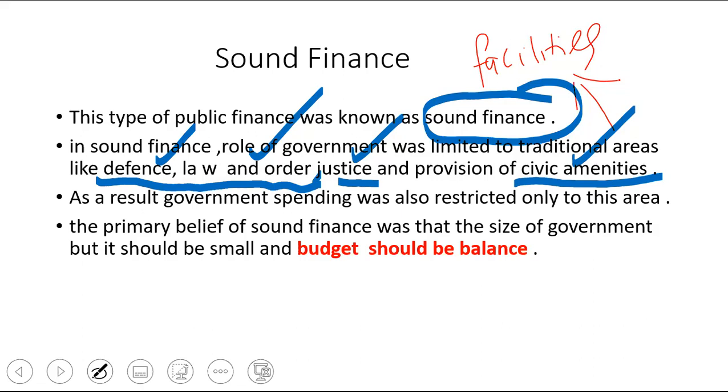And businessmen, remember, whether you do fair or unfair practice, they are not bothered. For businessmen, only profit is the aim.